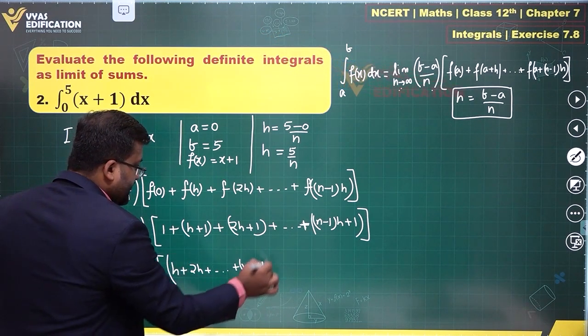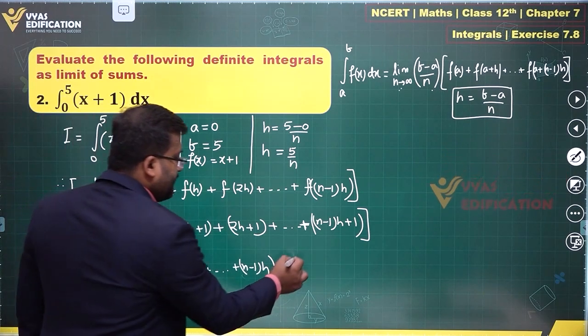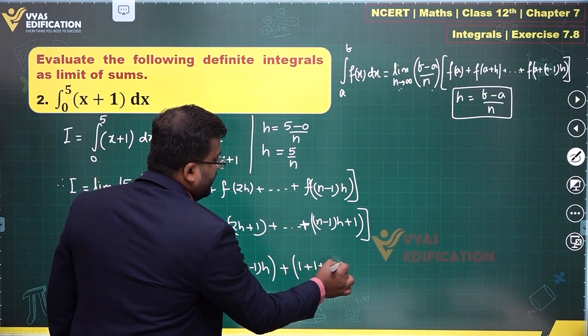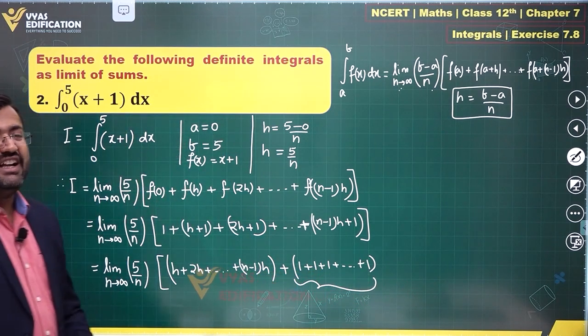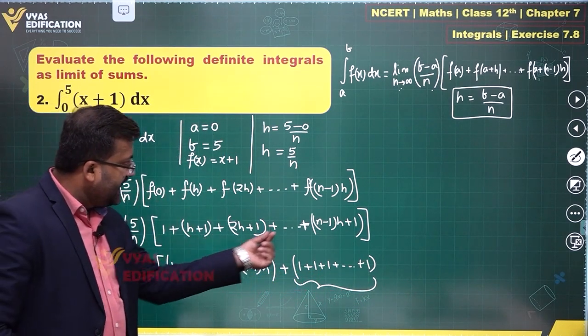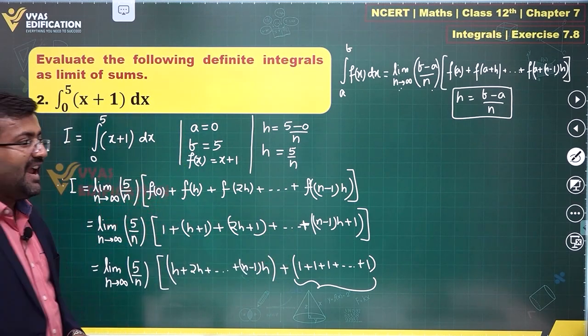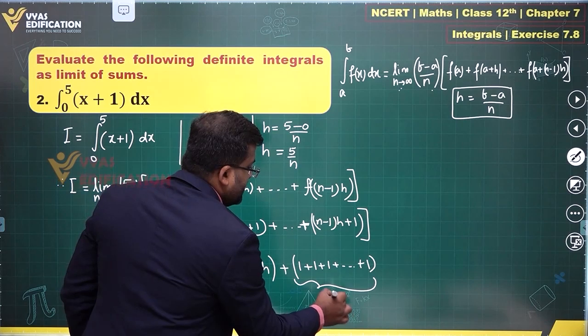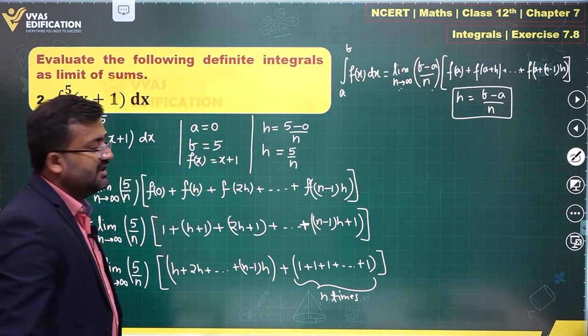This is one of the expressions. Plus, you have 1, 1, 1. How many times? 1 plus 1 plus 1 plus dot dot dot. Starting from 0 to n minus 1, you'll have n terms over here. So this is n times.